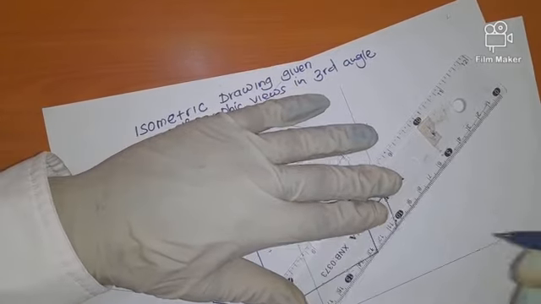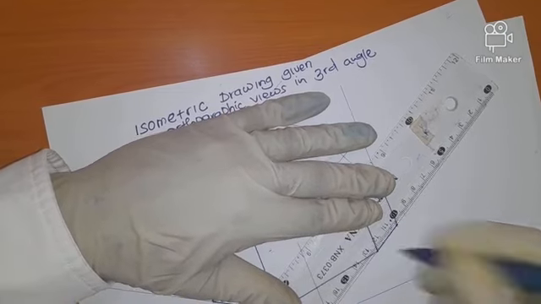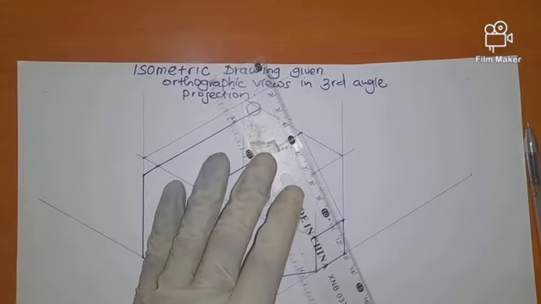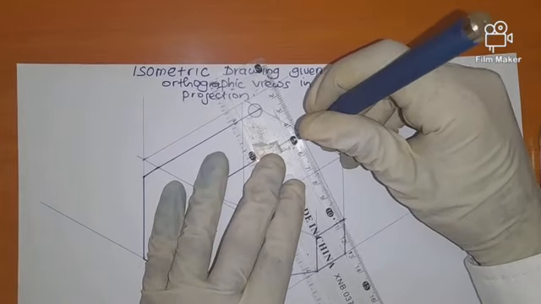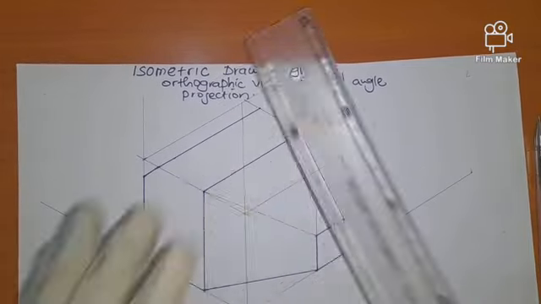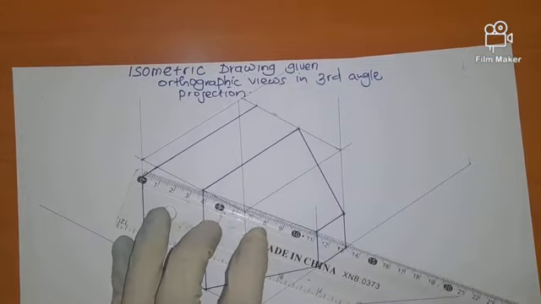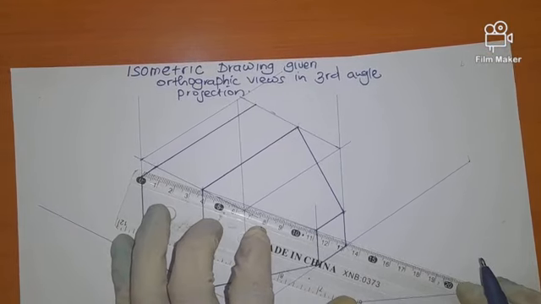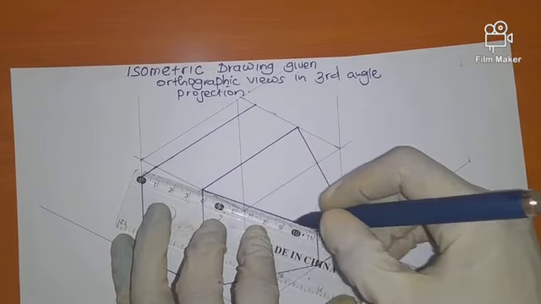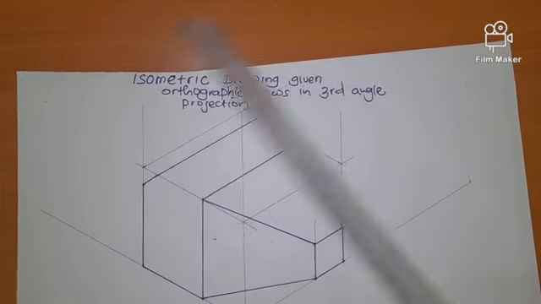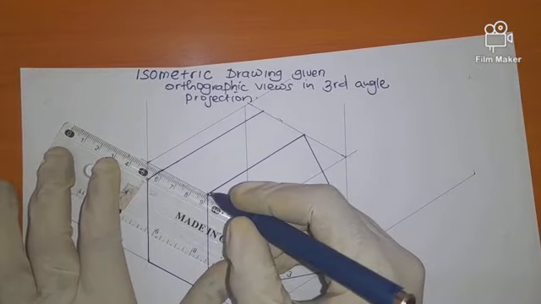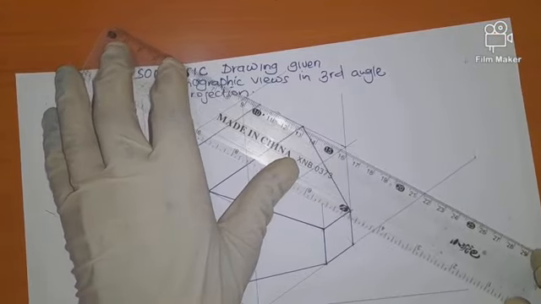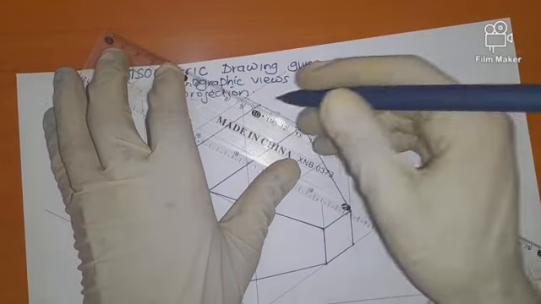So you continue joining. You join this, and you join this, and then lastly but not least, come here, join that, and then lastly but not least, come here and join this.